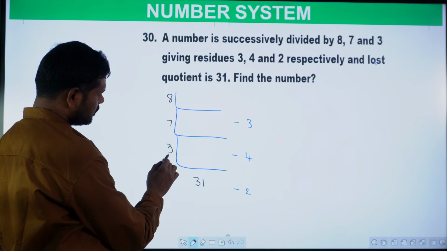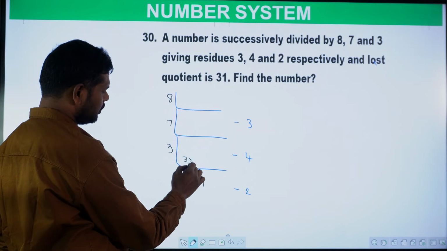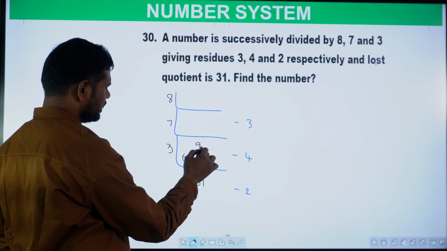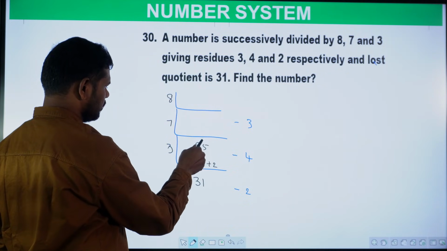Divisor, quotient, remainder. Here 3 into 31 plus 2. 31 times 3 is 93, plus 2 is 95.